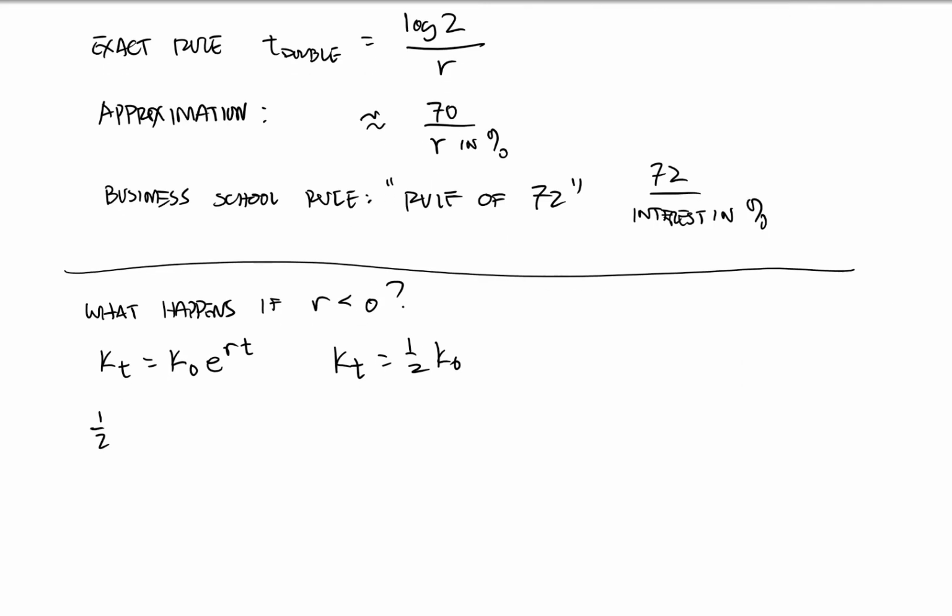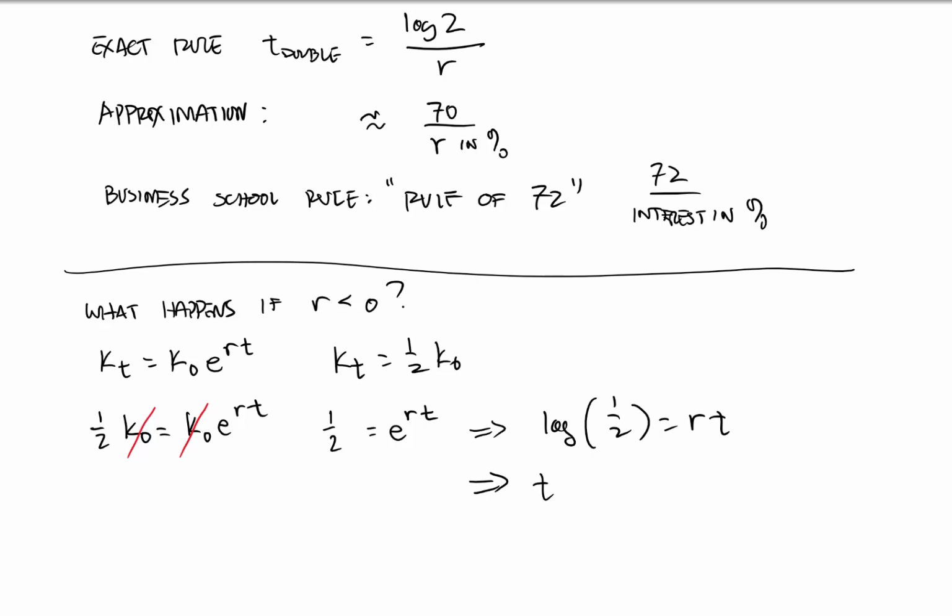So we're saying 1/2 k0 equals k0 e to the rt. As before, the k0s cancel out, and we end up with 1/2 equals e to the rt. So we can get the logarithm of 1/2 equals rt, and so this t half equals the logarithm of 1/2 divided by r.